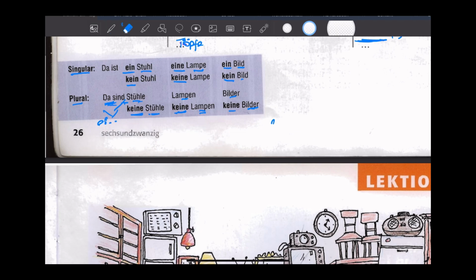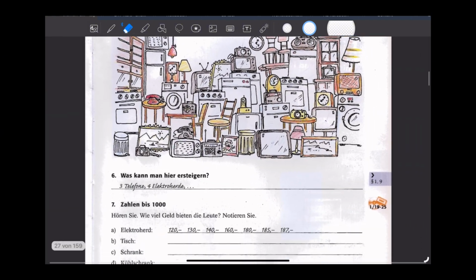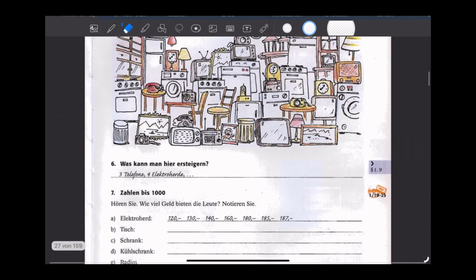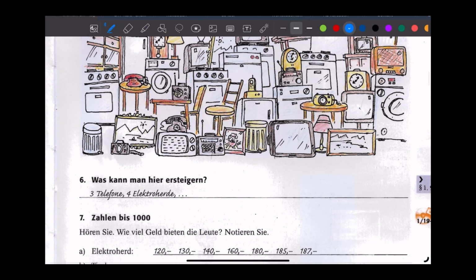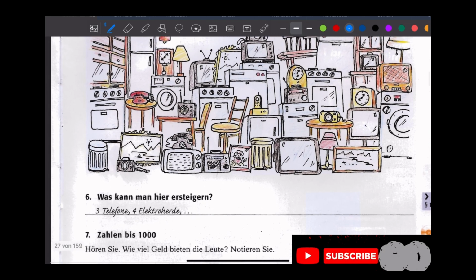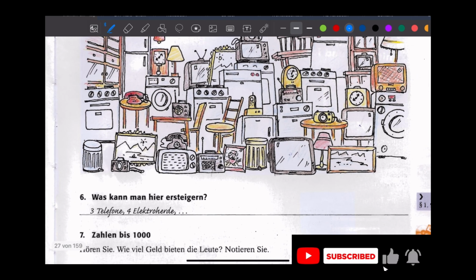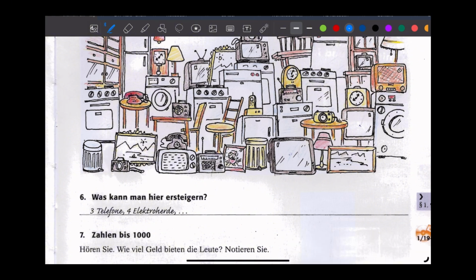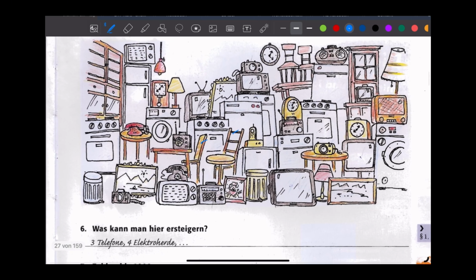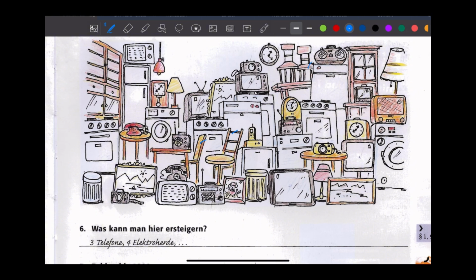So weiter. Was kann man hier ersteigen? So what can we find from here? We have 3 Telefone, 4 electro header. What else can we find from this picture here? I think we can see chairs. 1, 2, 3, 4. Just 4.